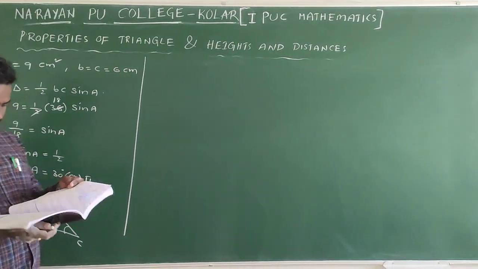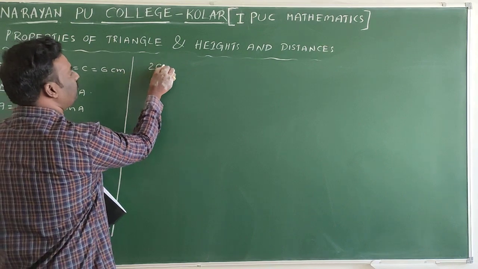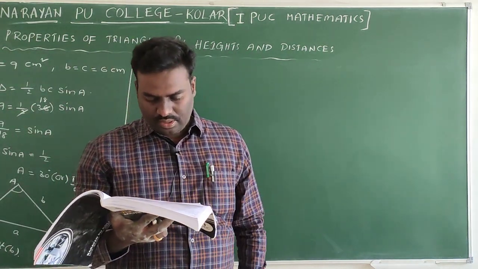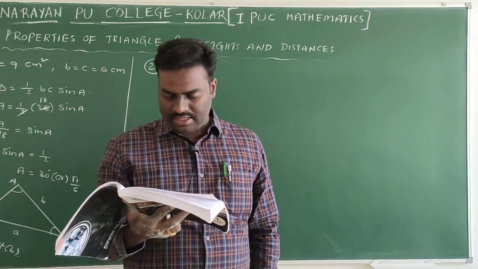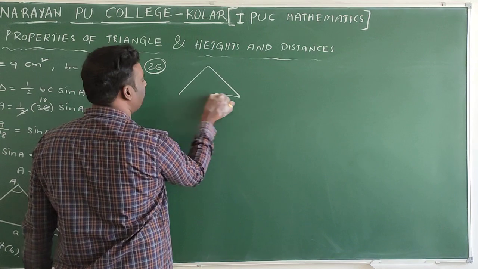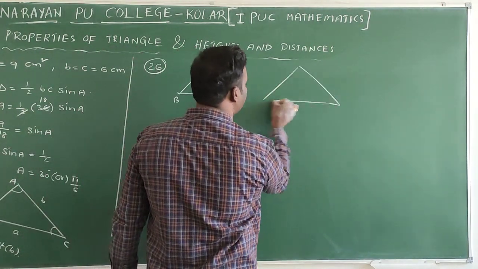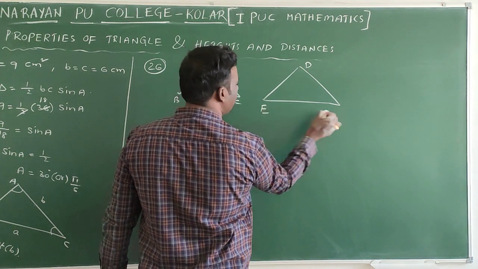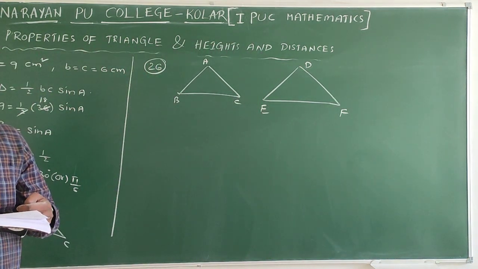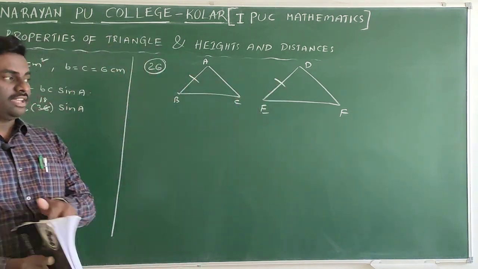Next, 26. In 26, there are two triangles ABC and DEF. AB equals DE, these two sides are equal.